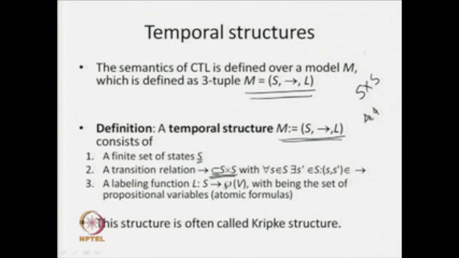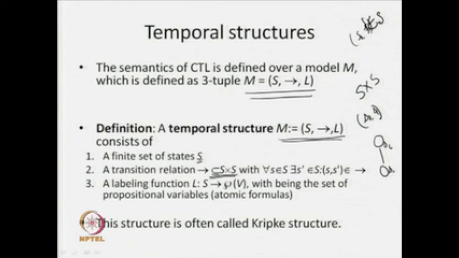Say if S0 and S1 belong to S, then (S0, S1) will be a component in this Cartesian product. What does it mean? It means we have a transition from S0 to S1.